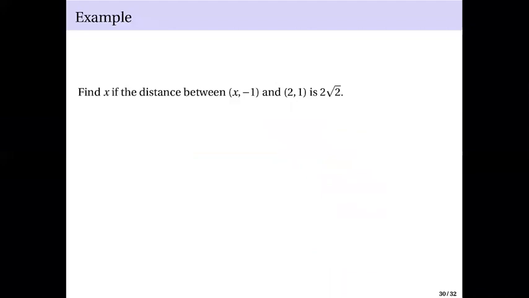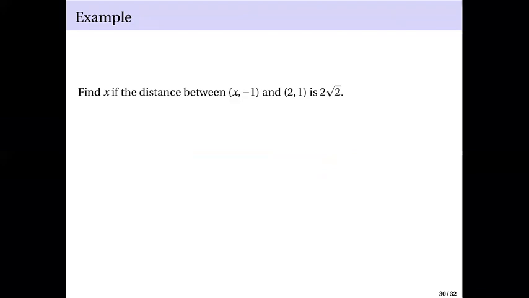Our last example here, find x. If the distance between x comma negative 1 and 2 comma 1 is equal to 2 square root of 2. So direct substitution of the distance formula.